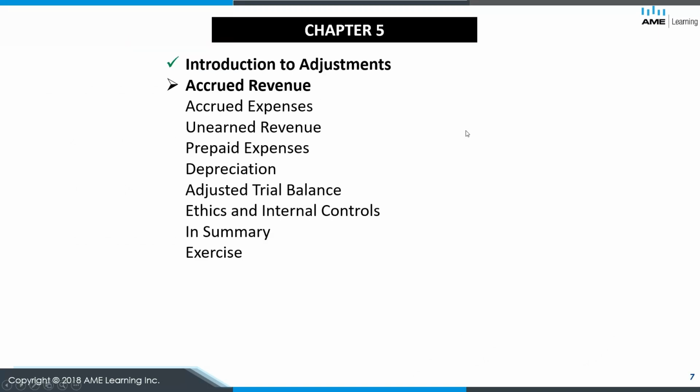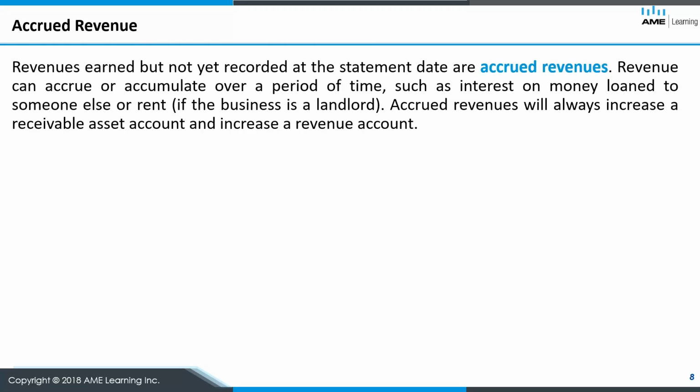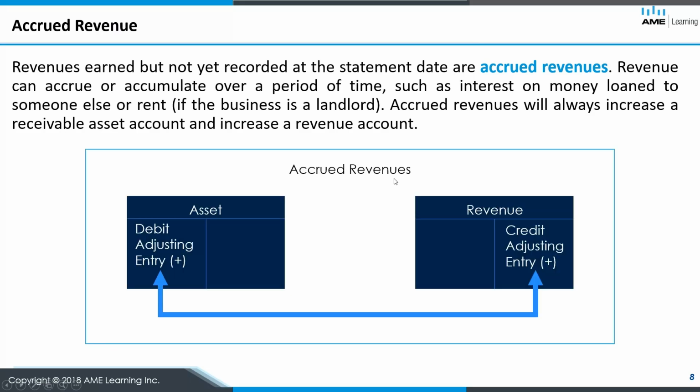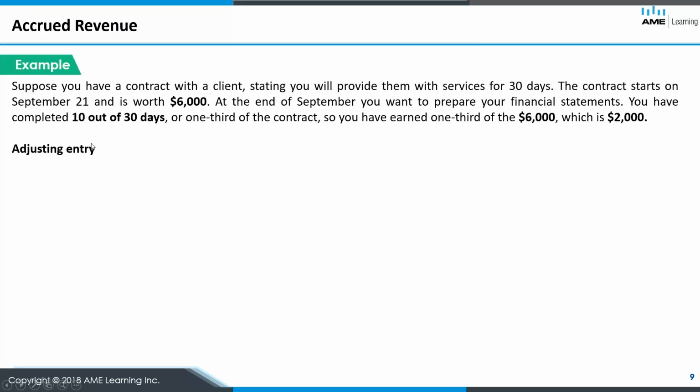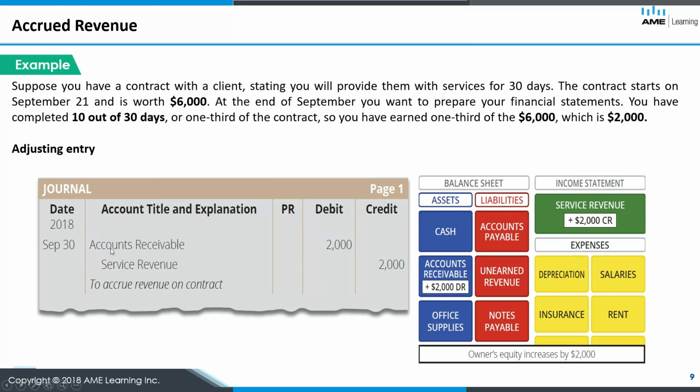Okay, so let's look at the first specific type of adjusting entry, and that would be adjusting entries related to accruing revenue. So we've already talked about this concept of accruing revenue in previous chapters, and when I say that, I mean that we've already talked about accounts receivable, and that's really going to be the primary type of account that we're going to adjust when we are talking about any kind of accrued revenue adjustment.